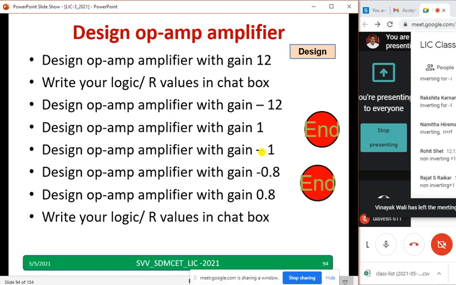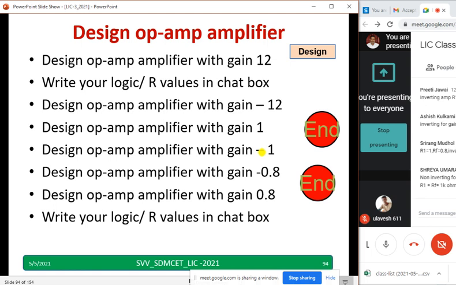Rajat, Rohit, I told you your friend has typed so nicely. Which amplifier are you using for this particular design? And for -12, or 1, or 0.8, -0.8. Yeah, Srirang has typed R1 RF values will take 0.8 for inverting. Inverting, if you take 0.8, it will become 1.8. Please think on that, Srirang.